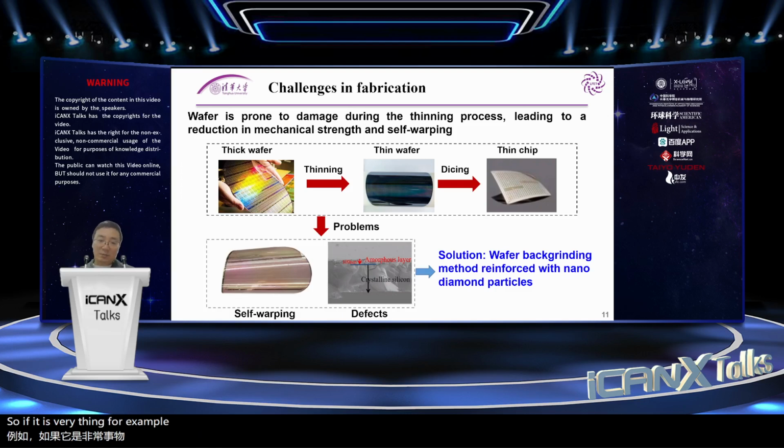For example, a table made of wood is very thick, so it's not easy to bend. But if we make the table very thin, it's very easy to bend. So this is flexible. So for the wafer, we can develop some technology to reduce the thickness of the wafer. Then the wafer can be flexible. So this is our idea for how to make the wafer flexible.